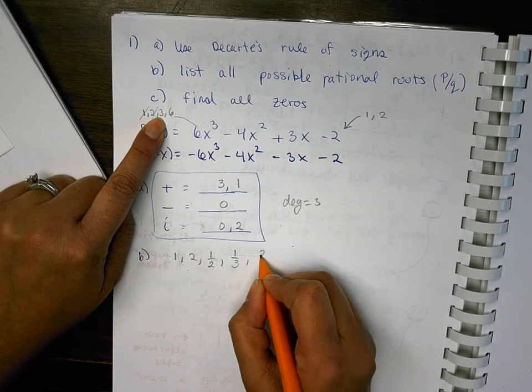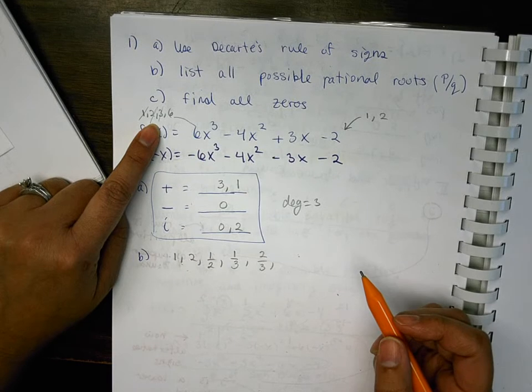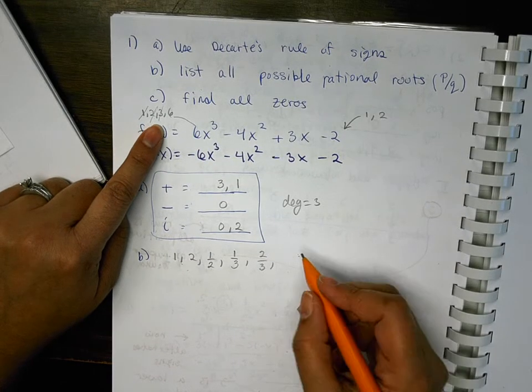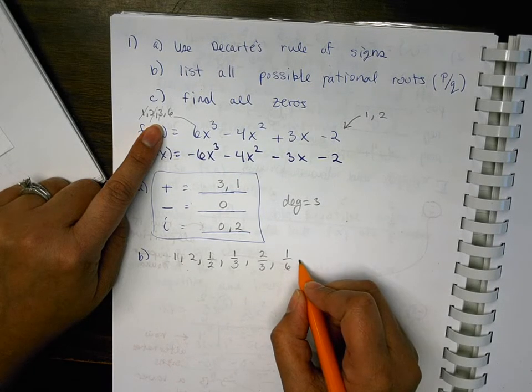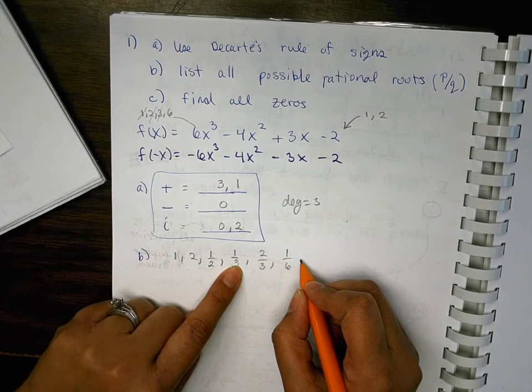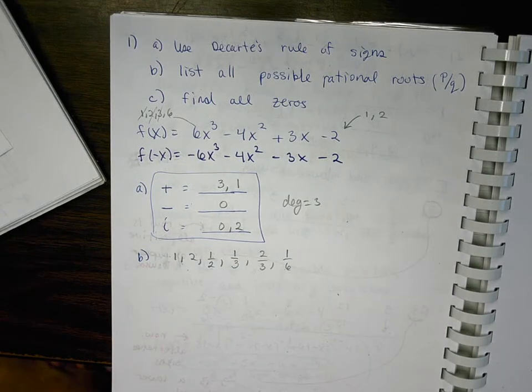Now I'm going to do 1 and 2 over 3. So 1 over 3 and 2 over 3. Done with the 3. What's the next one? All over 6. So 1 over 6 and 2 over 6. What's 2 over 6? Do I have it already? Again, you can write it again, but I'm not going to.